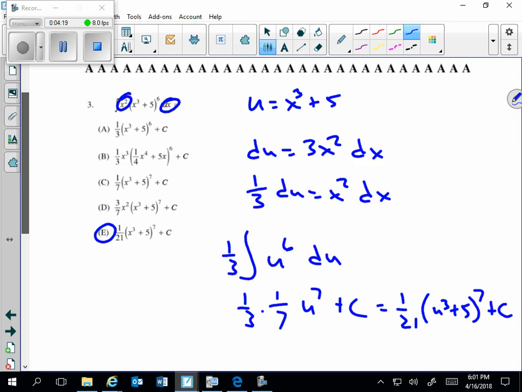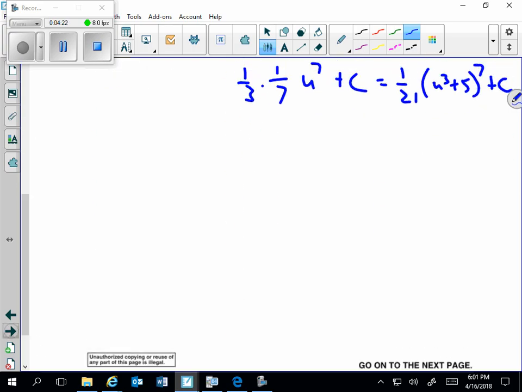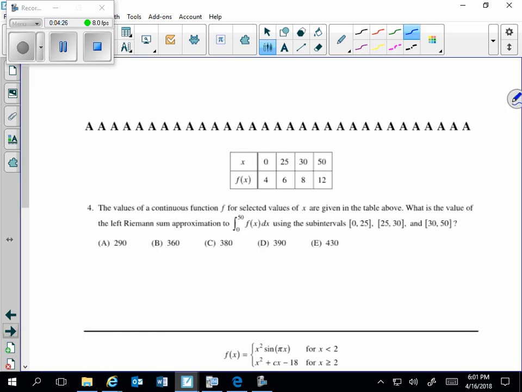Okay? Number 4. First thing, we recognize that we're looking for a Riemann sum. And what else does it tell me? Subintervals, they tell me the subintervals actually, so that's kind of nice. And so we're just looking at a basic Riemann sum.